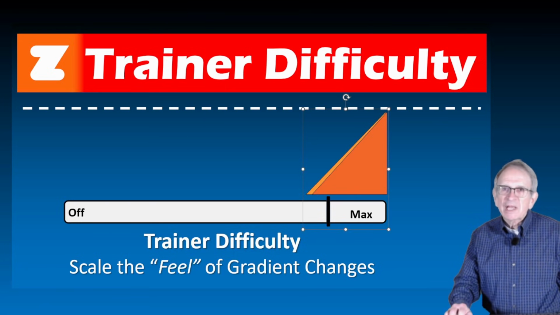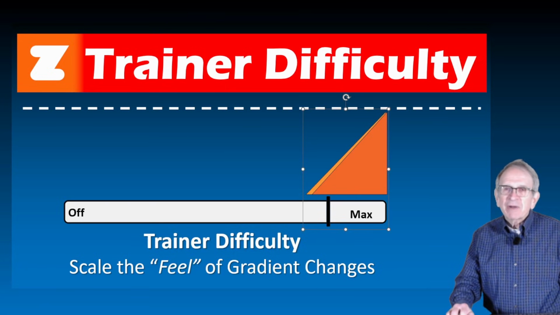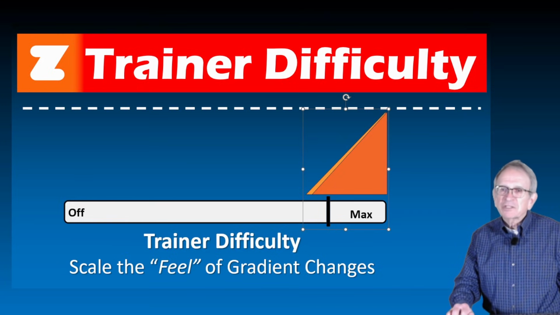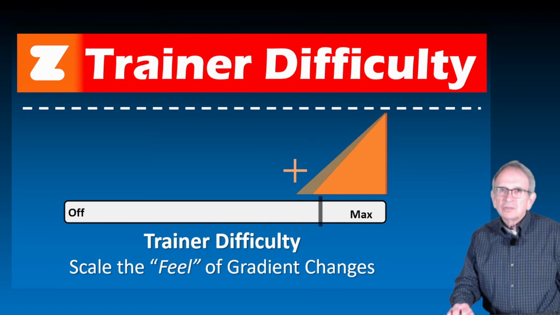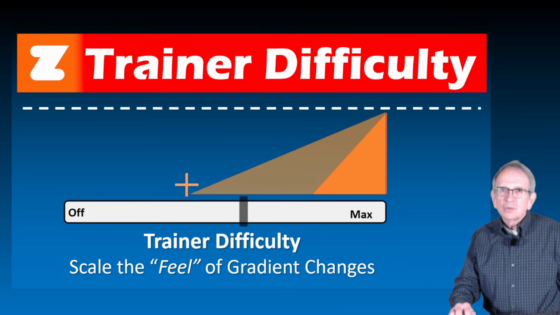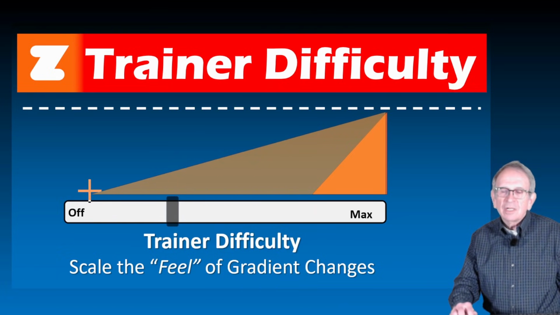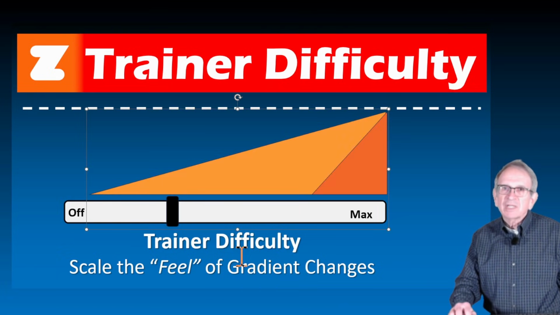Well, when it's at max, the grade that your avatar is riding in-game on Zwift and the gradient that your trainer is simulating are the same. But as you move the trainer difficulty slider to lower percentages towards off, the grade that your trainer simulates becomes much shallower, while your avatar is still climbing the same grade in-game.